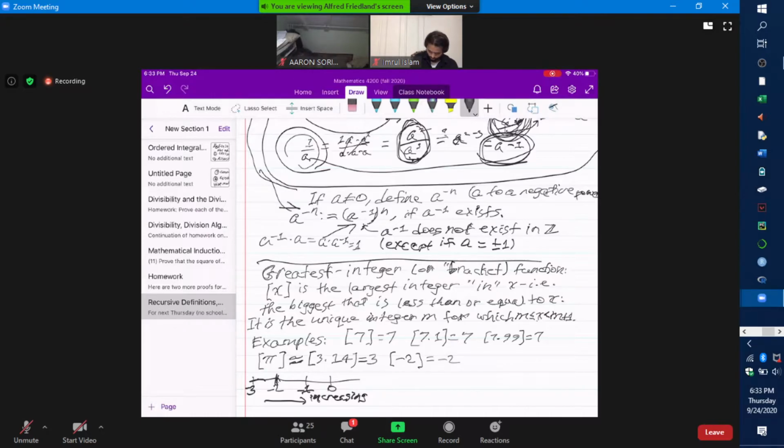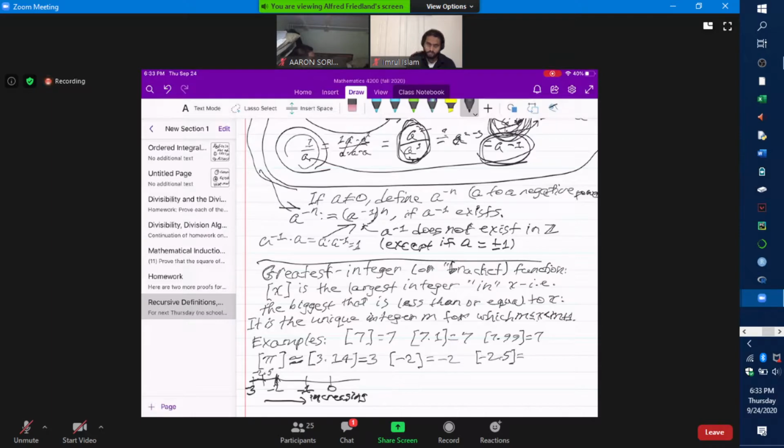Let's take a look at, say, -2.5. Looking at that number line, what's the greatest integer less than or equal to -2.5?